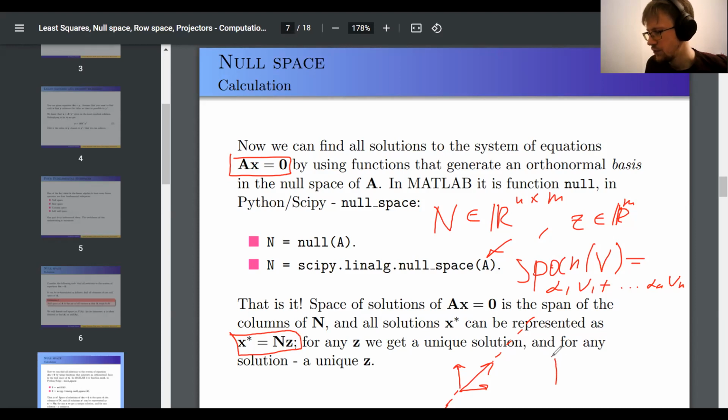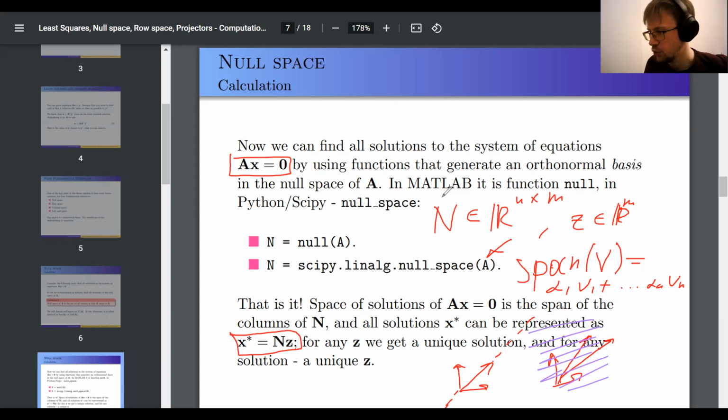Okay, let's say you have two vectors like this. This is one vector, this is another vector. You can find a way to write any single point as a combination of those vectors.